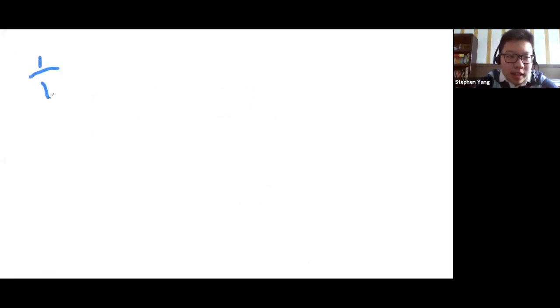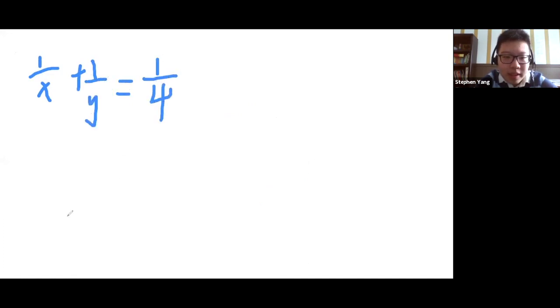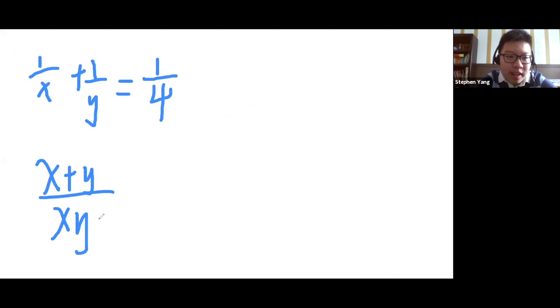So 1 over x plus 1 over y is equal to 1/4. Now, this left-hand side is equal to (x plus y) over xy, and this is equal to 1/4.